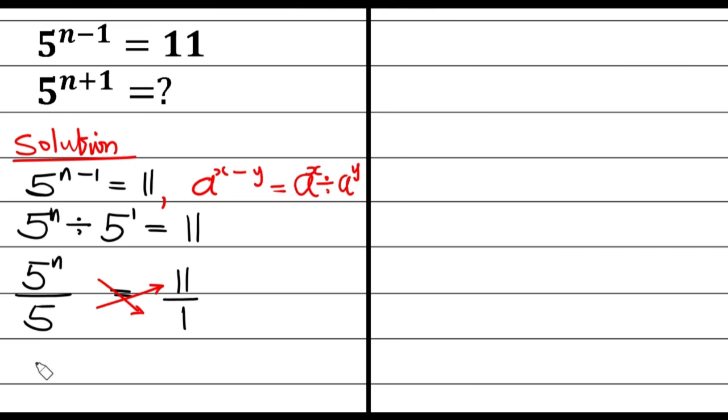This time around I have 5 raised to the power of n multiplied by 1, which is equal to 5 multiplied by 11. At the end of the day, I'm going to have 5 raised to the power of n equals 55.